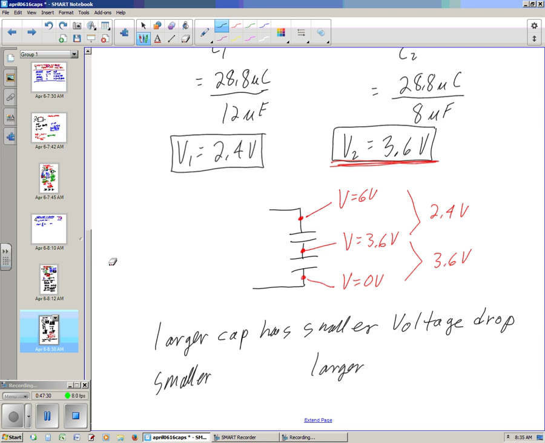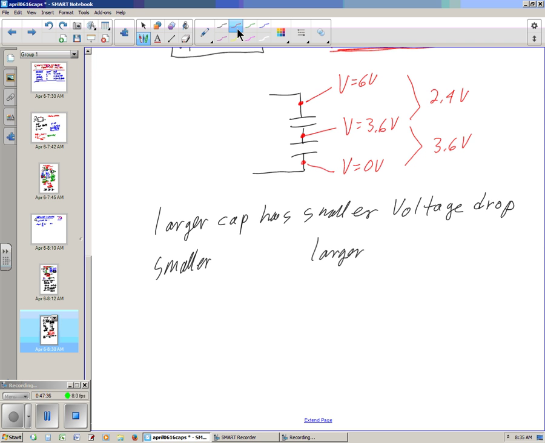Okay, so that's about everything I wanted to do with this. One last thing, let's just do this. V battery is equal to V1 plus V2. V1, the drop across number 1, would be 2.4 volts, plus the voltage drop across number 2, which would be 3.6 volts.